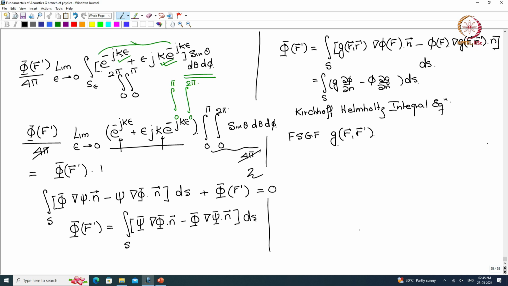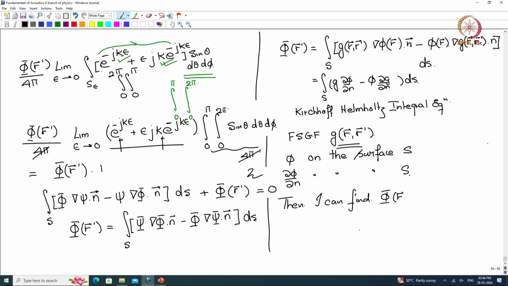If I know the free space green function, and if I know values of phi on the surface S, in addition I know del phi by del n on the surface S, then I can find phi at r dash inside the volume.